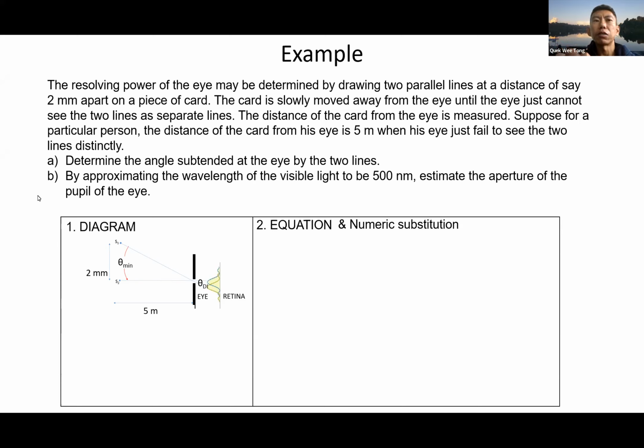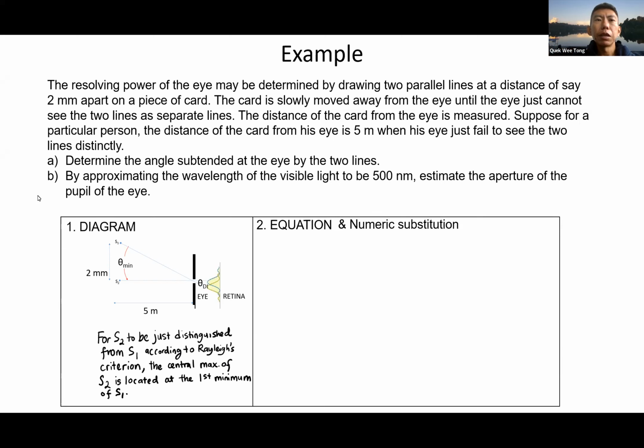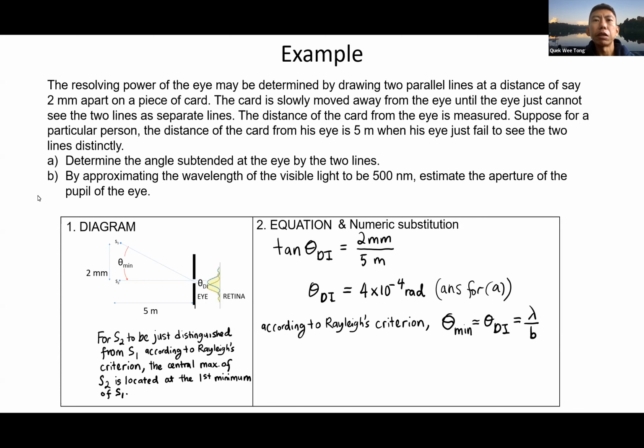You move until cannot see. That is at 5 meters. So you can calculate 2 mm divided by 5 meters, which will equal theta. Then you use back the Rayleigh criterion formula, theta equals lambda over b. Then you can find what is the b.